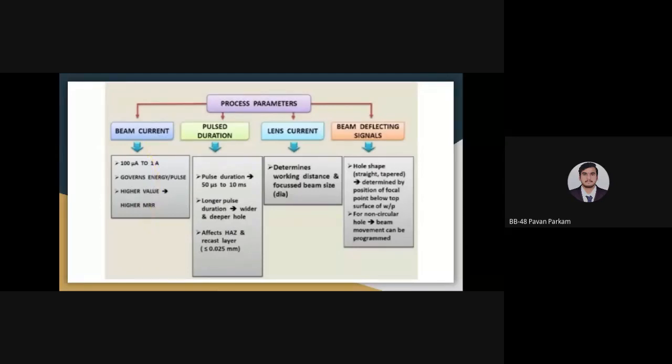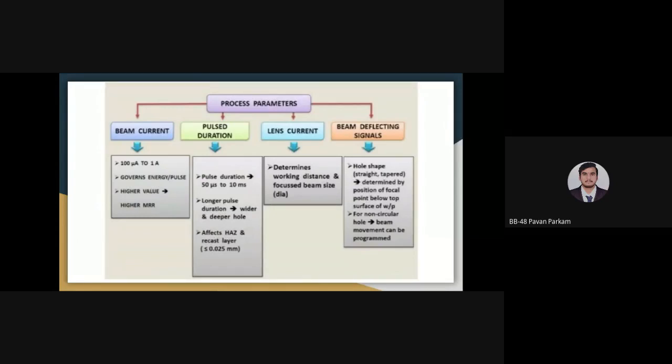First is the beam current. It varies from 100 microampere to 1 ampere. This beam current governs the beam energy per pulse on your workpiece surface.